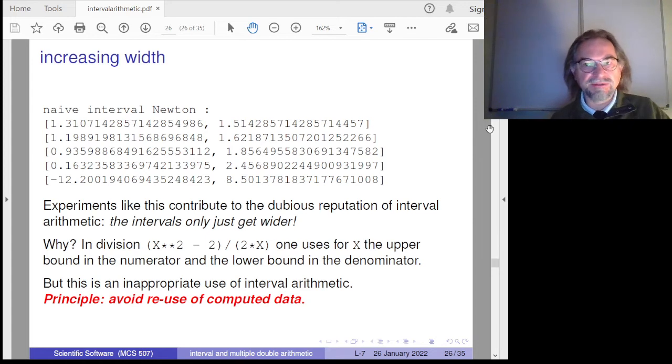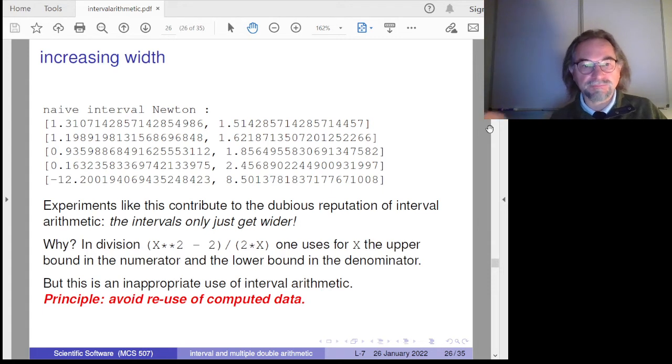In some sense, we did this already earlier. I could have warned you when I showed the division: especially when you use the same number x in the numerator and the denominator, you can actually get much tighter bounds. The division operation is executed assuming that the numerator and denominator are completely different numbers.